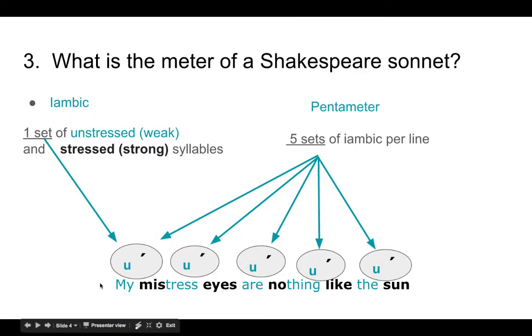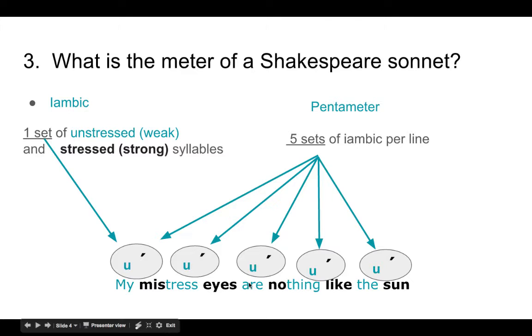So let's look at, I'll give you an example. This is the first line of Shakespeare Sonnet 130. So if you read it, my mistress' eyes are nothing like the sun. So you look for the first 2 syllables. My is unstressed, mis is stressed. Tress, eyes, tress is unstressed, eyes is stressed.